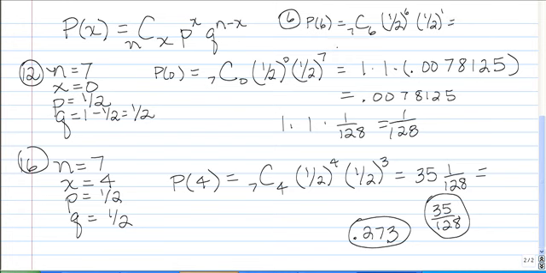Combinations of 7 taken 6 at a time is 7. And so we get 1/2 to the 7th. So we're going to get 7 over 128.